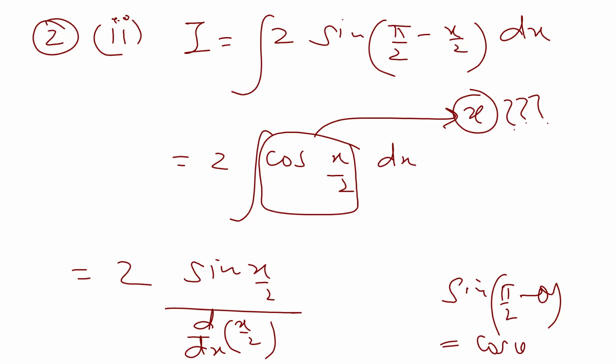Don't you feel x by 2 is a linear algebraic term? x is in the base, and its power is 1. The answer for this will be half in the denominator, and that 2 will go up and multiply with this 2 before.